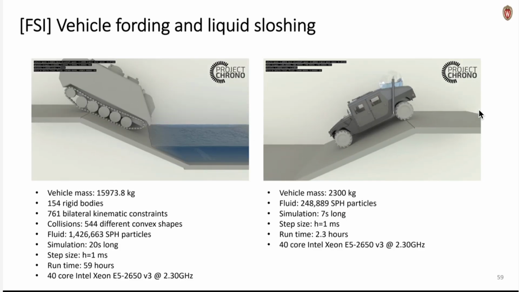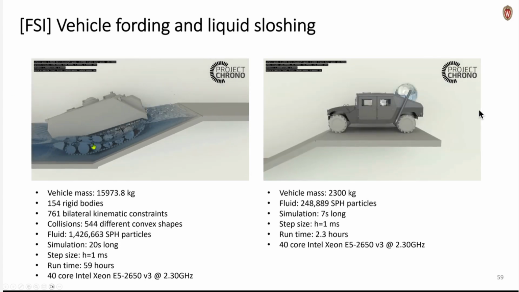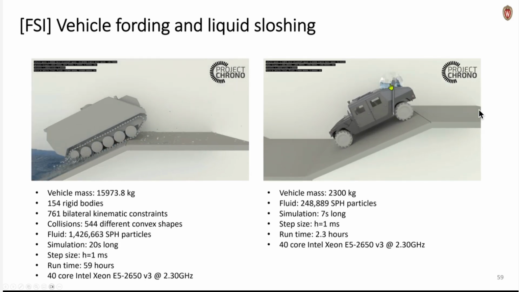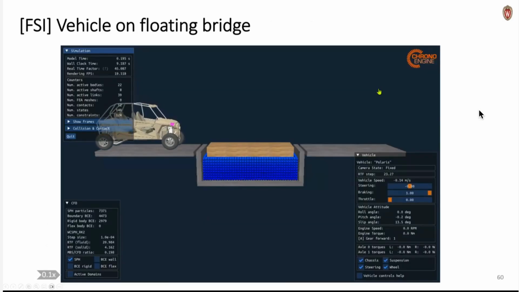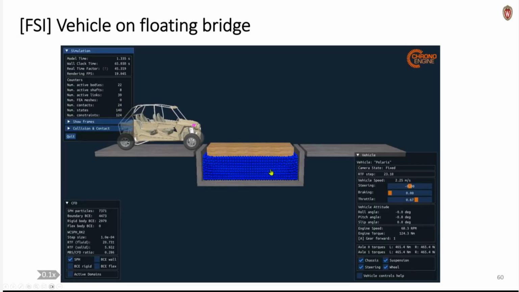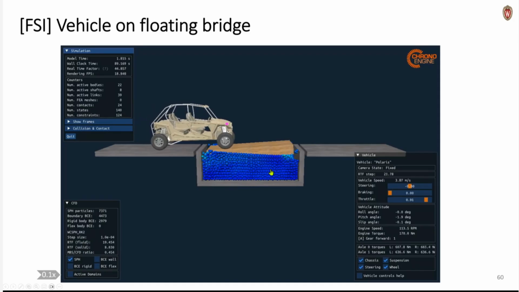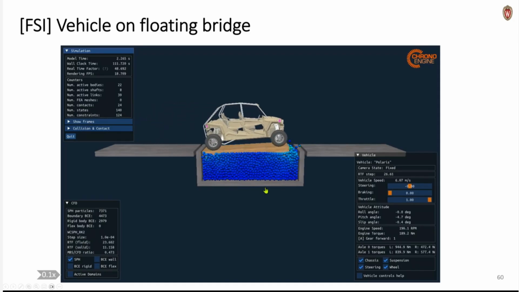These are some examples of fluid solid interaction, both fording with a track vehicle or liquid sloshing here on this wheeled vehicle. This is a more recent example. This is SPH here. Remember that I told you that this smoothed particle hydrodynamics models water with particles that carry pressure and density and things like this, interacting with a floating wood plate and the vehicle going over this.